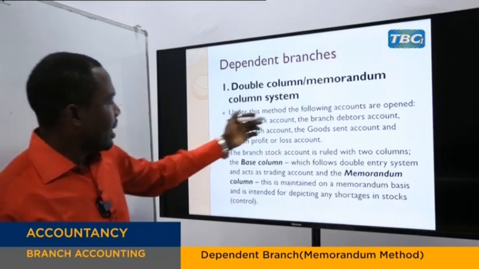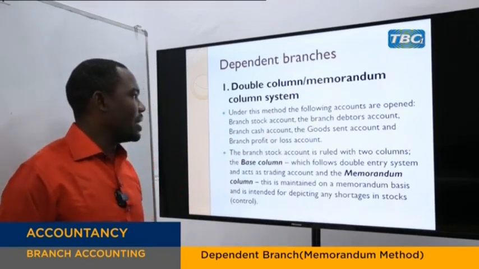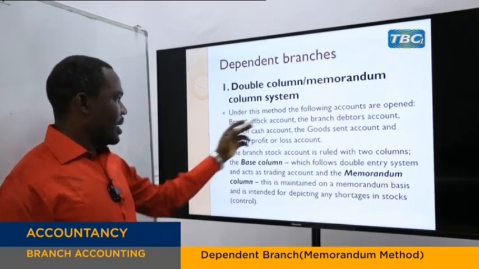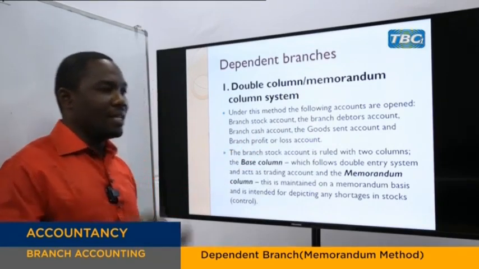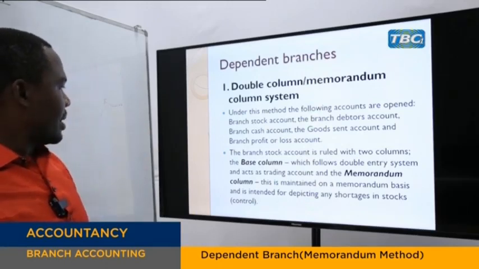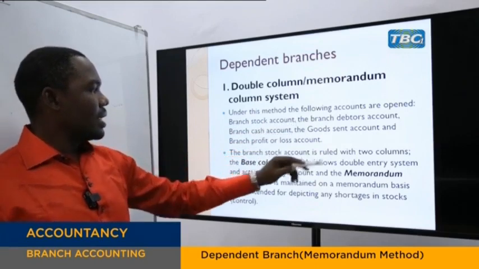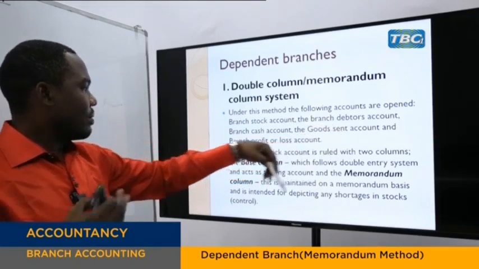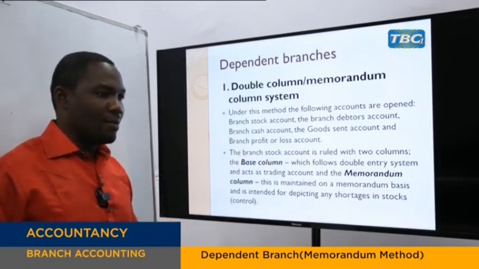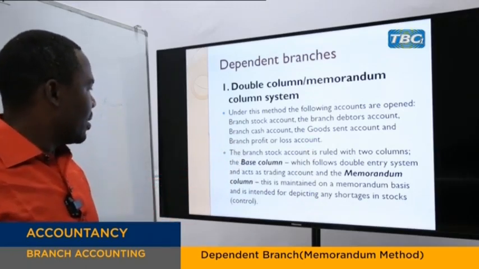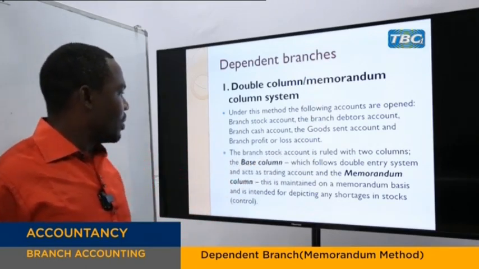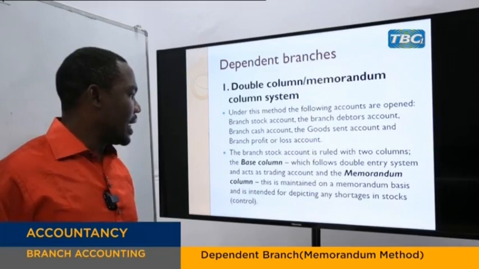So what are the important accounts to be opened under this system? Under this system, there will be 5 accounts to be opened. They include the branch stock account, the branch debtors account for record keeping of debtors, the branch cash account for any cash or bank, and an account for goods sent.